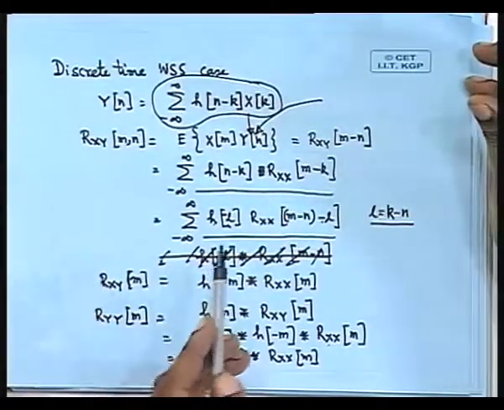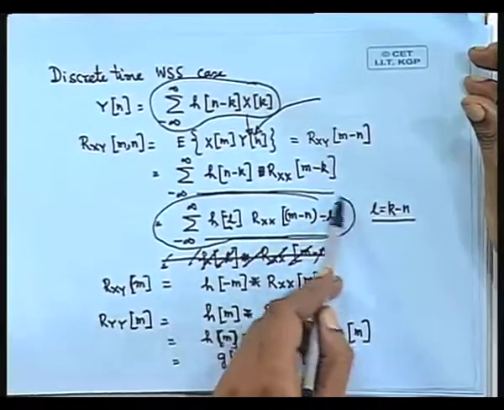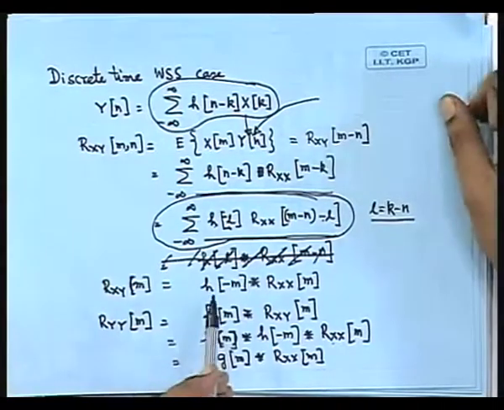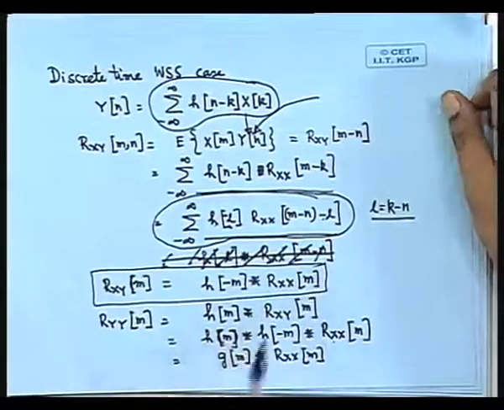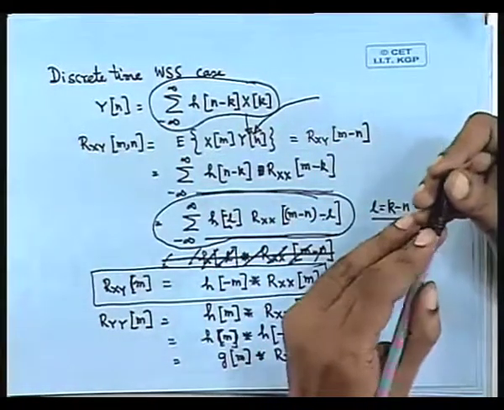Now this itself is a convolution, if you realize. So this is the beautiful result: if by convolving x you get y, then by convolving Rxx you get Rxy. Even the same convolution properties hold on the autocorrelation function.